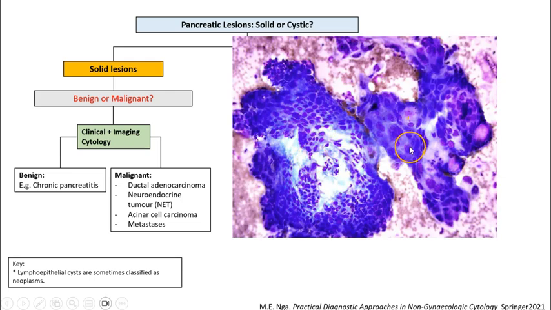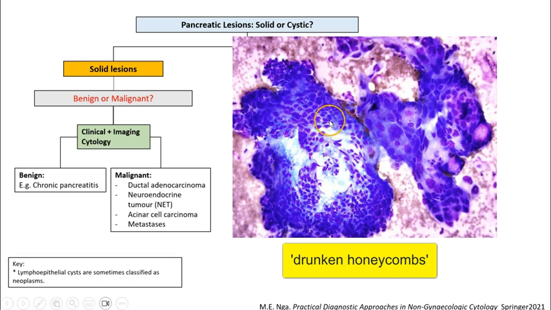But here, this is a classical example of ductal adenocarcinoma, and we will usually see these rather disorganized sheets of glandular cells. They are sometimes referred to as drunken honeycombs because they still have a semblance to the very regimented honeycomb arrangements, but there is just something a little bit off and more disorganized in the arrangement of cells.